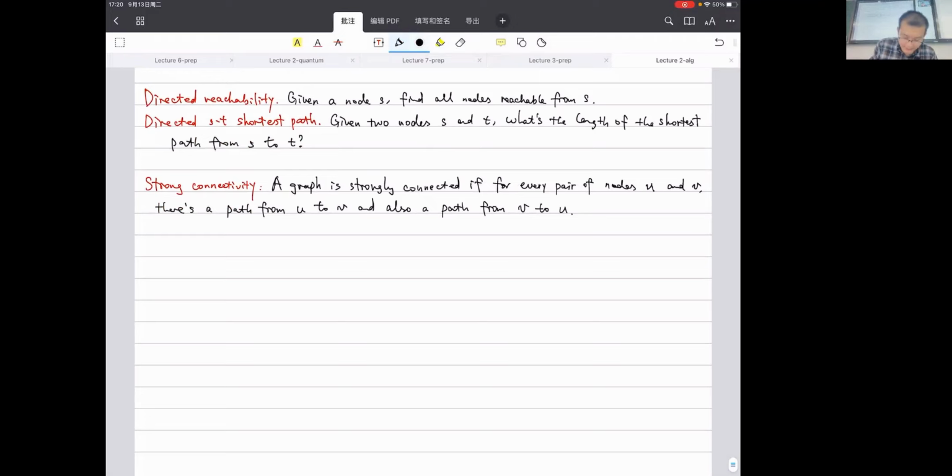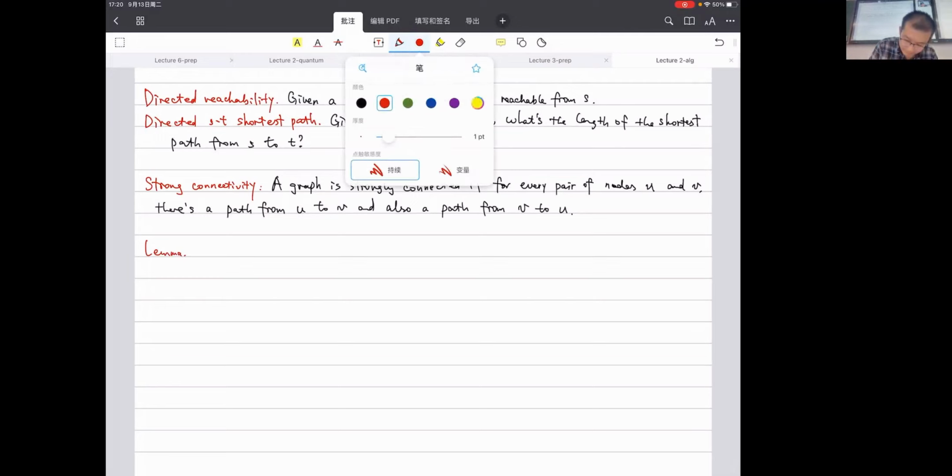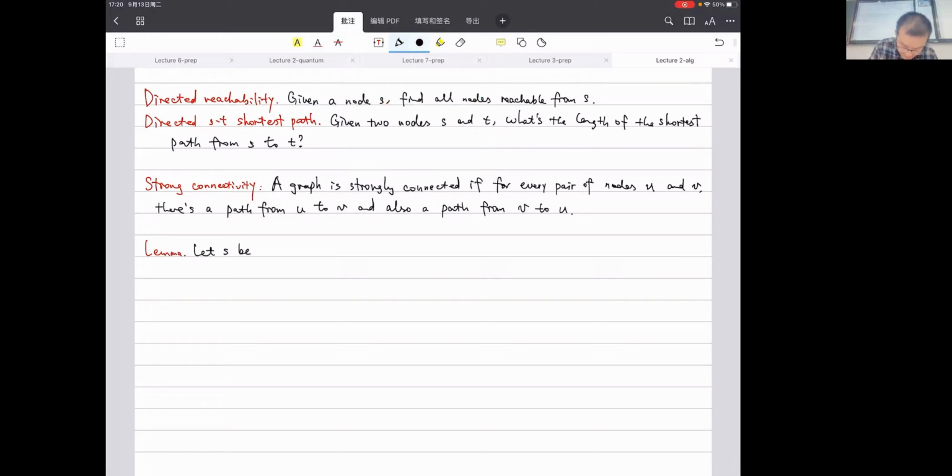After discussing connectivity and the shortest path problem for undirected graphs, there are some relatively easy observations we can make. For instance, a lemma that we can give here: let S be any node.